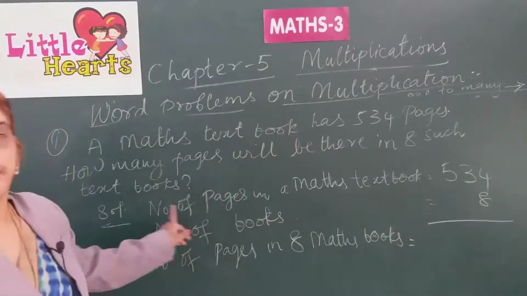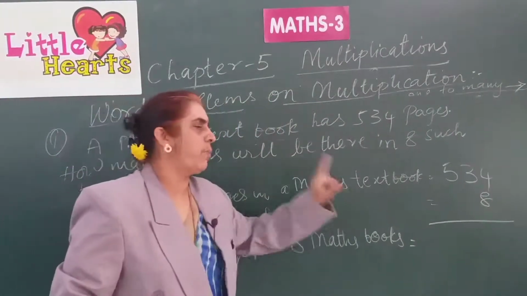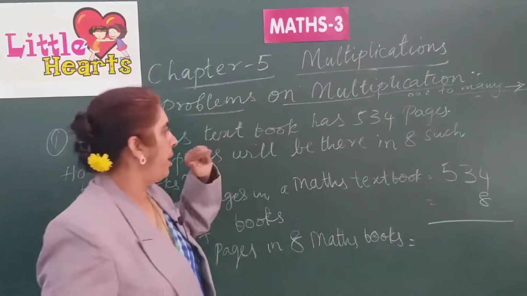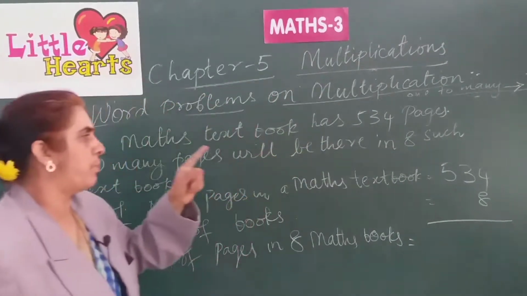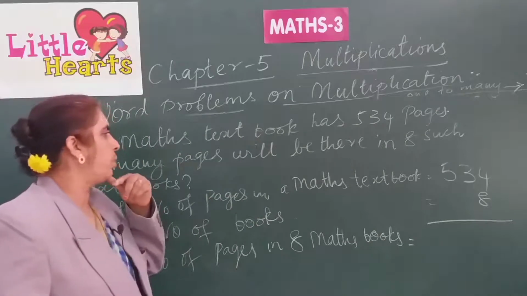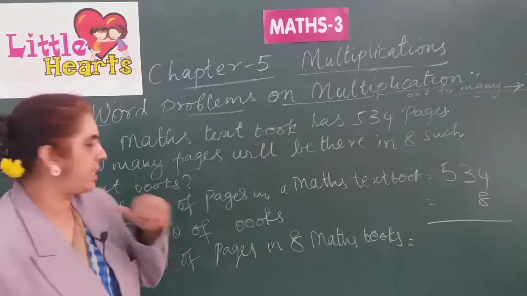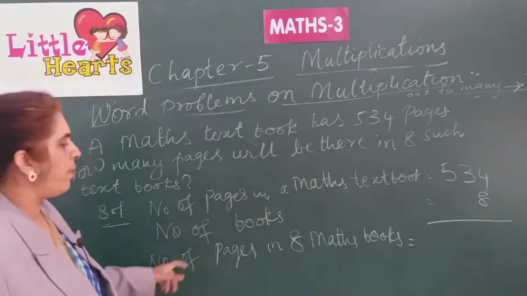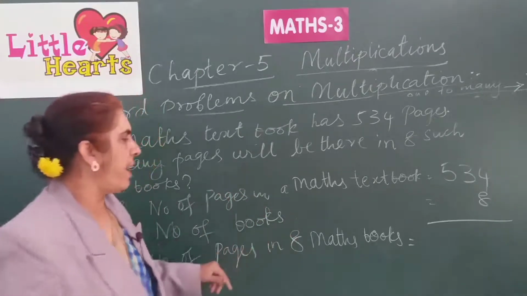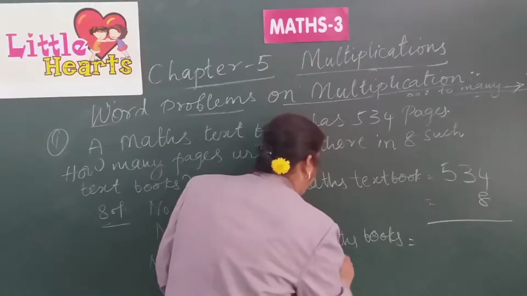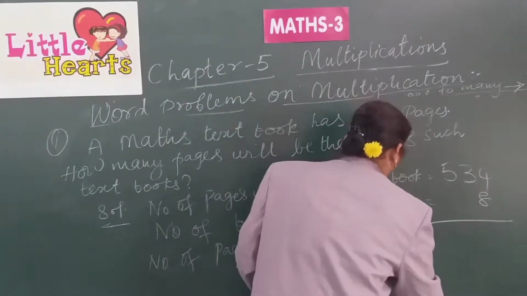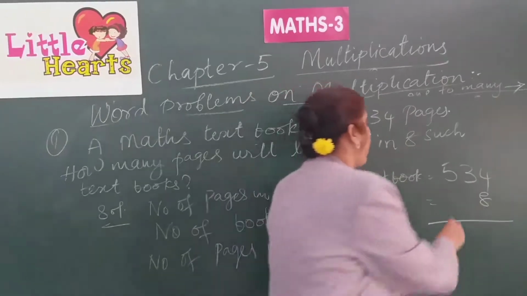First, what is given? Number of pages in a maths textbook. One book has 534 pages. How many pages should be there in 8 such books? So, in how many books total you have to find out the number of pages? 8 books. Number of books is 8. Number of pages in 8 maths books is equal to 534 into 8. 534, one book.